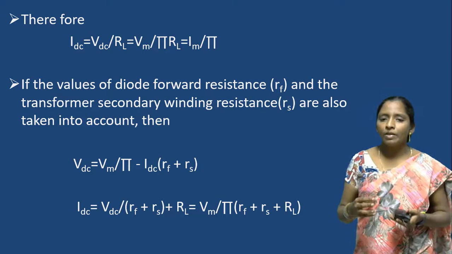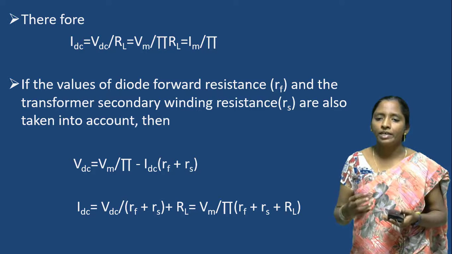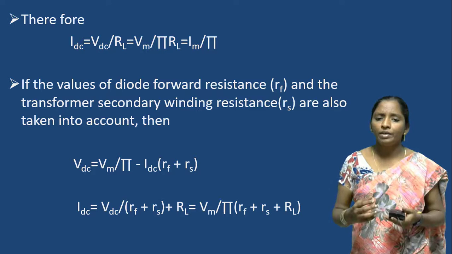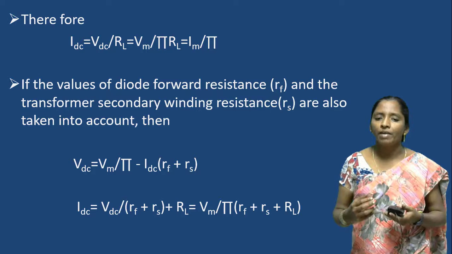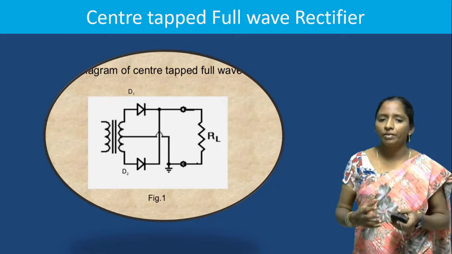If you consider the forward resistance Rf and the transformer secondary winding resistance Rs, then the VDC value is equal to Vm by pi minus IDC into Rf plus Rs. IDC equal to V by R, that is, VDC by Rf plus Rs plus RL. Substituting the VDC value, IDC equal to Vm by pi into Rf plus Rs plus RL.